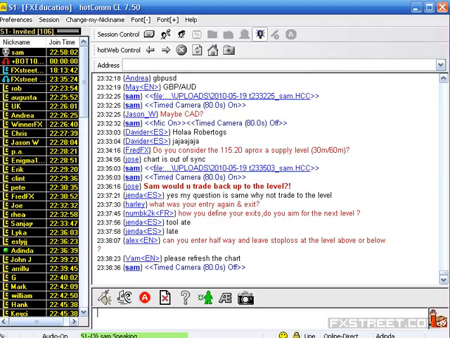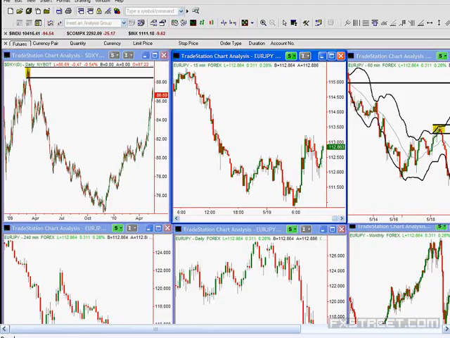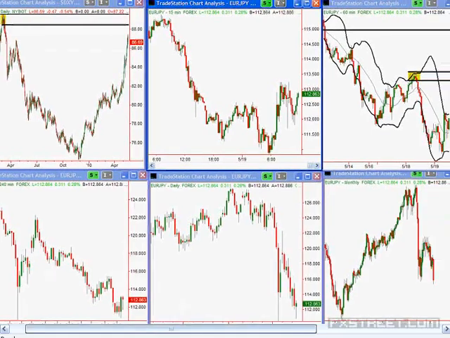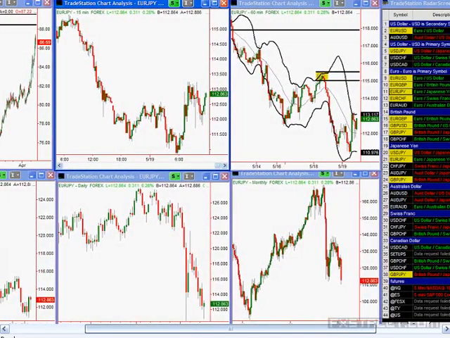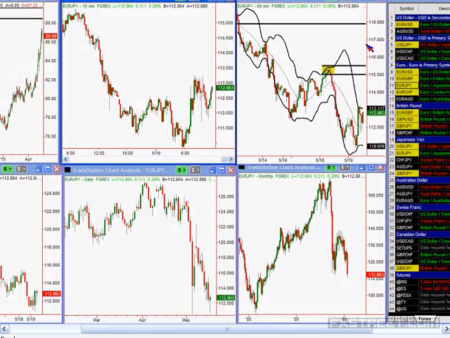Yeah, I can refresh the chart, sure. So Alex, I see your comment there. Can you enter halfway and leave the stop loss at the level above or below? Well, the way that we enter these positions, let me blow this one up. I purposely put this on the one with the Bollinger Bands because I want to add one other thing in here. The way the average person enters these is they're going to sell short right there at the 115, if that's where your line is.